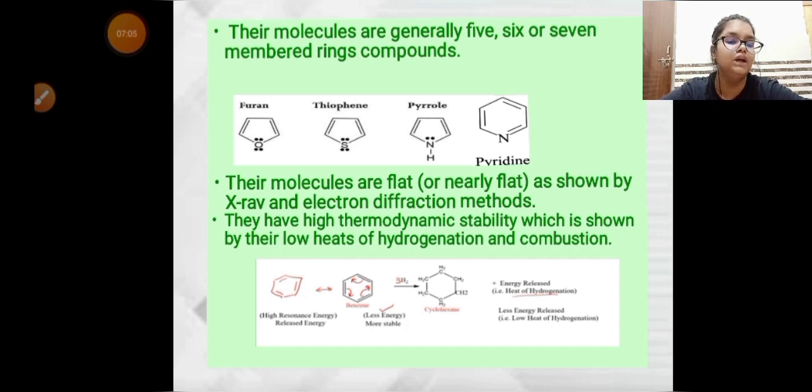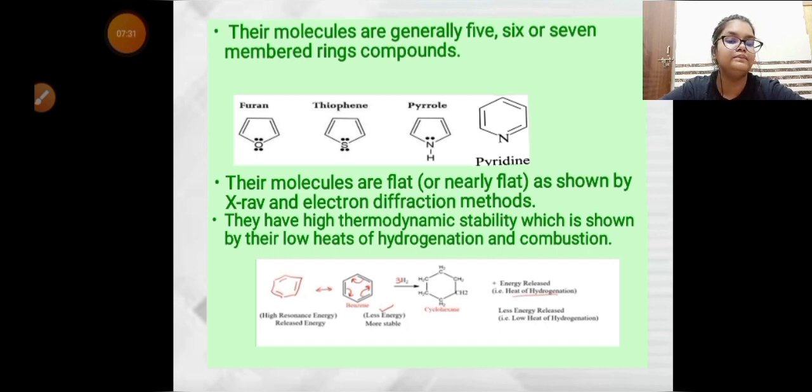Next property is the molecules are flat as shown by X-ray and electron diffraction methods. Means when these compounds are examined by X-ray or electron diffraction methods, these all are planar structures. The next is they have high thermodynamic stability, which is shown by the low heat of hydrogenation and combustion.